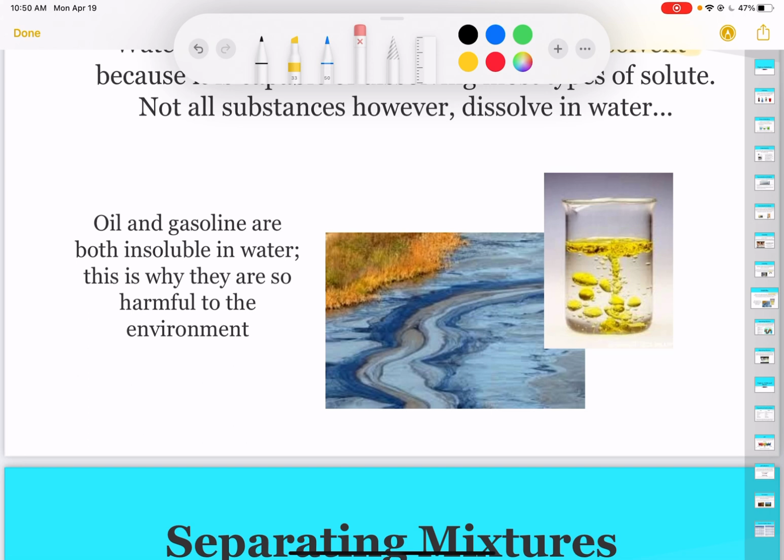So oil and gas are both insoluble in water. This is why they're so harmful to the environment. If you look at that water that's got oil sitting on it, oil is less dense than water, so it floats on top of it.